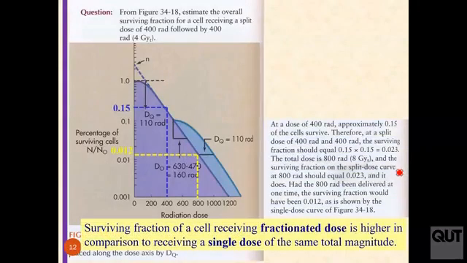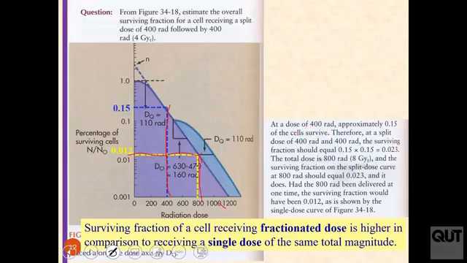For example, say you want to give a dose of 400 rad. At 400 rad, we can see the blue line here, and about 0.15 of the cells survive. If we want to give 800 rad straight out, without fractionating the dose, we will get this amount of cells survive.